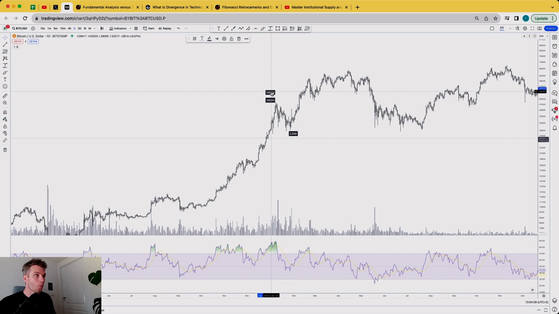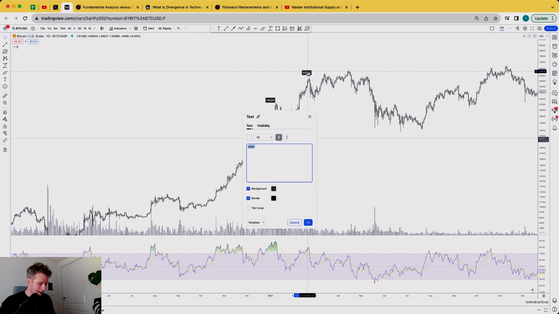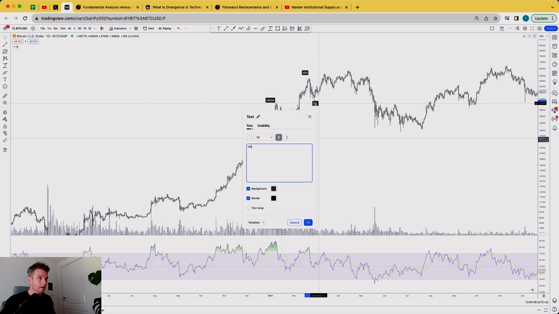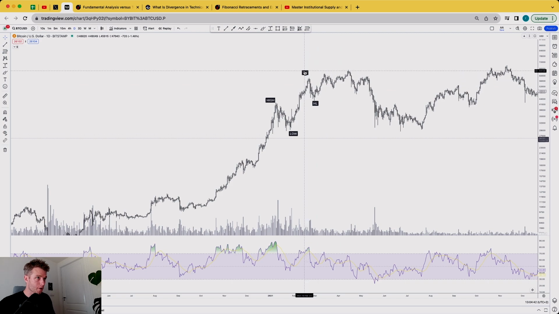Then we have what we call a higher high, right? A trend is established by higher highs and higher lows. And over here we have a higher low, right? And we can extrapolate that into the future. Higher high. And again, we have a higher high.